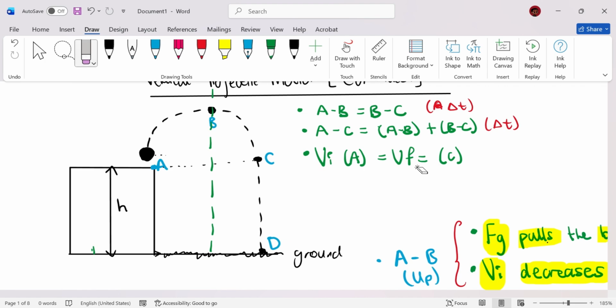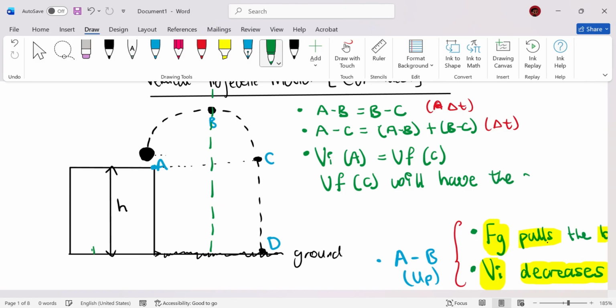Why am I having two equal signs? So the initial velocity at A must be equal to the final velocity at C. However, remember, the final velocity at point C will have the same magnitude as the one at A, right?